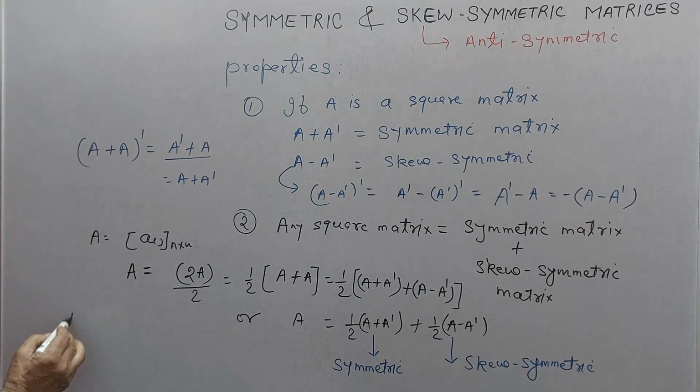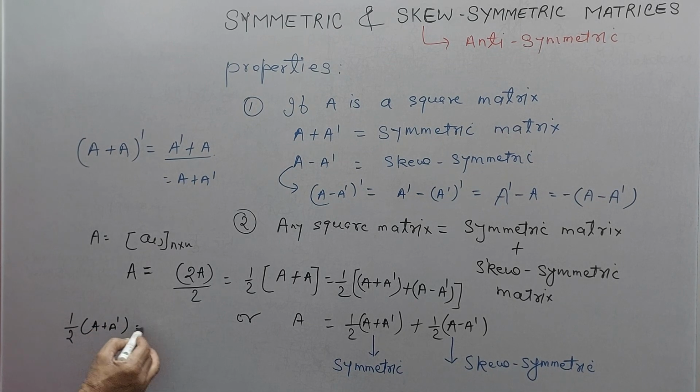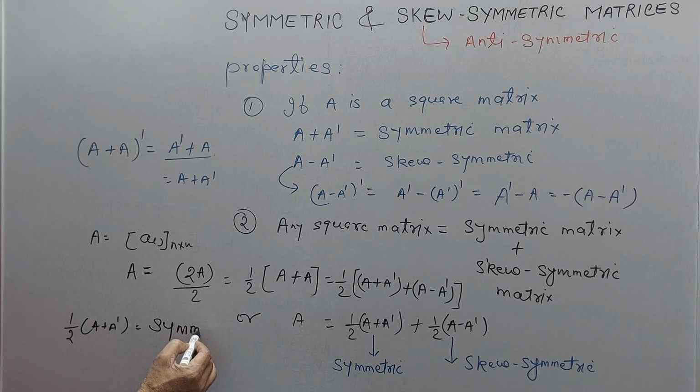Here half A plus A dash is symmetric, and half A minus A dash will be skew symmetric.